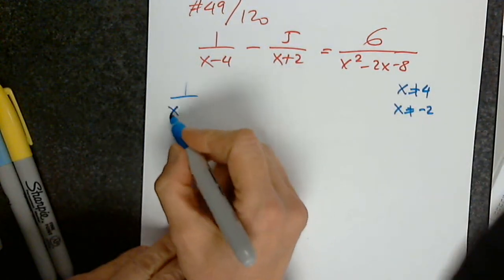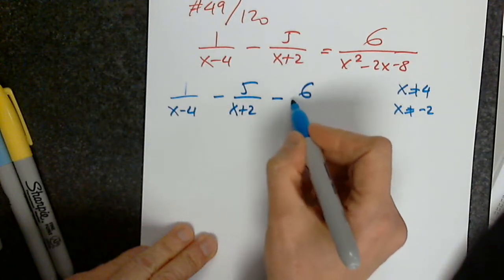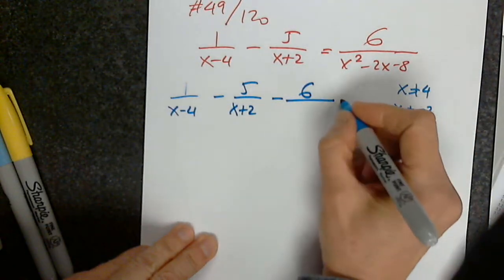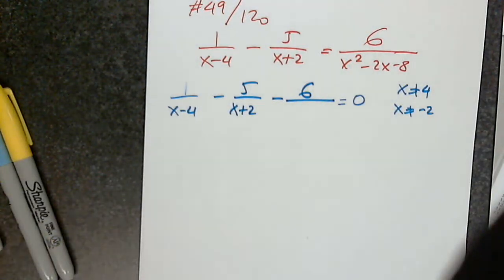So to write that. So 1 over x minus 4 minus 5 over x plus 2 minus 6 over equals what? 0. Awesome. Over what?